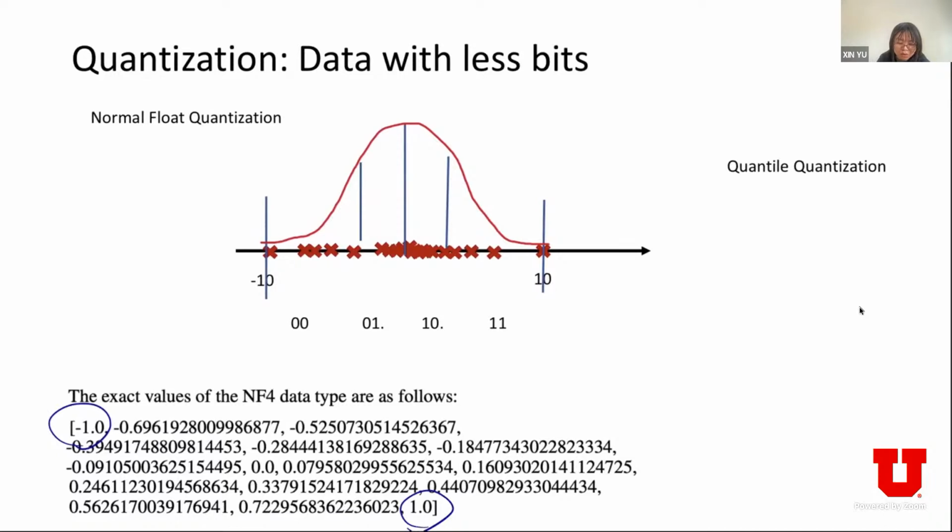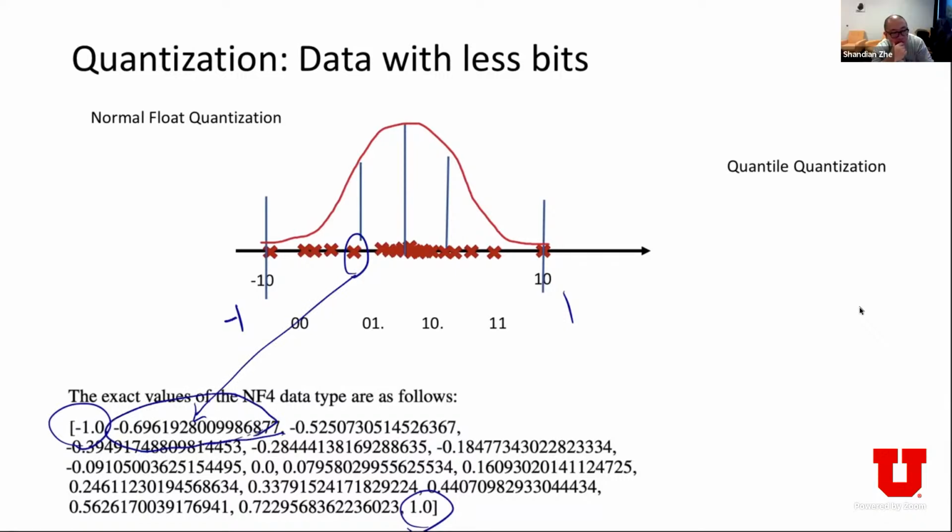So what we need to do is rescale the range of the real data into -1 to 1 and then find the mapping. For a single value, we get its index, and with its index, it can get the corresponding value from the table.